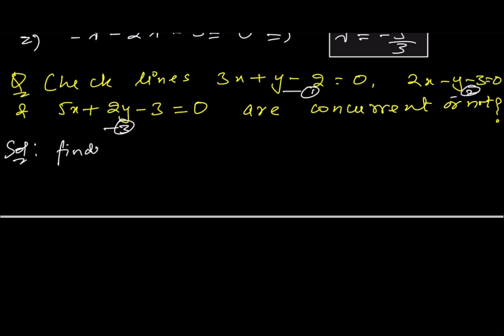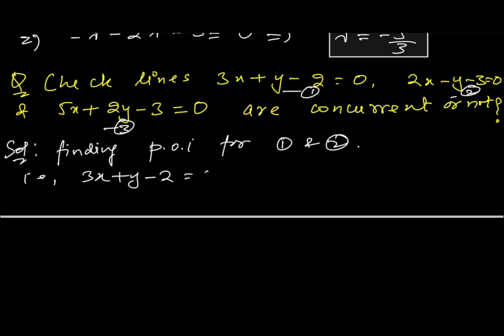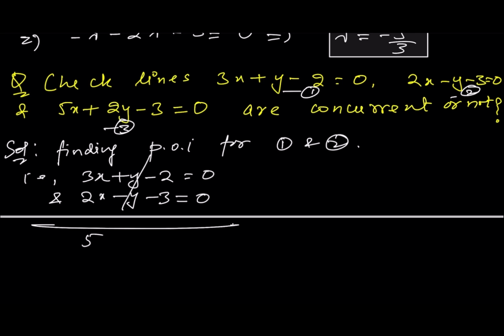Finding the point of intersection for 1 and 2, that is 3x plus y minus 2 is equal to 0 and 2x minus y minus 3 is equal to 0. Adding, 5x minus 5 is equal to 0, which implies x is equal to 1.